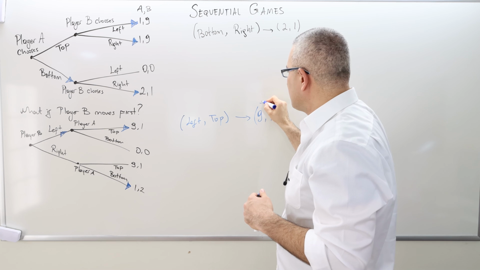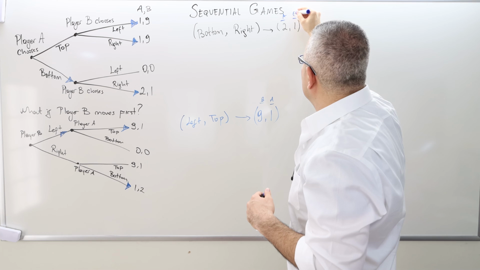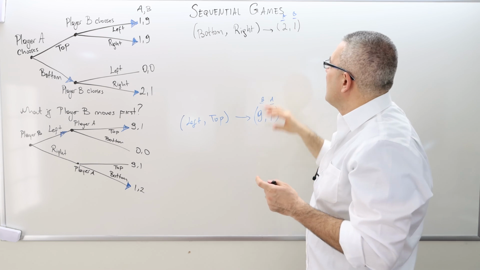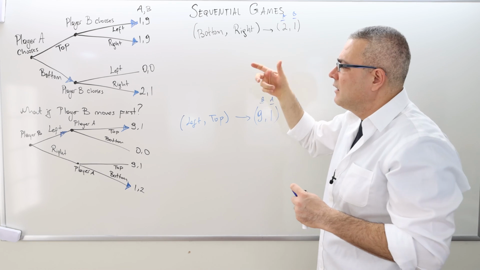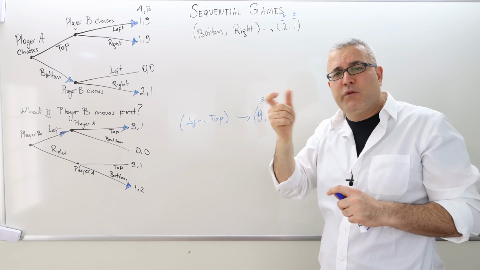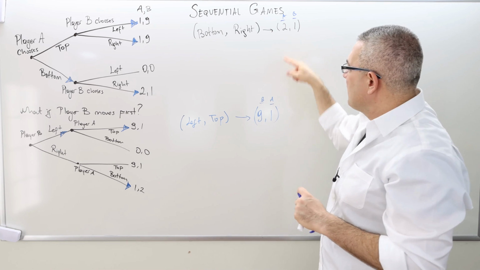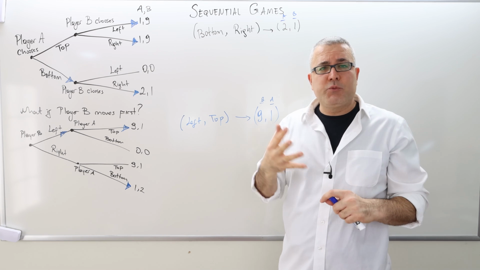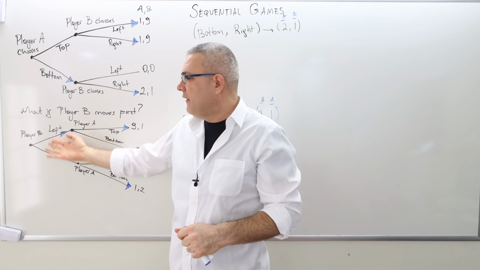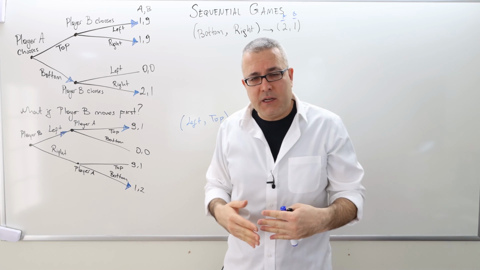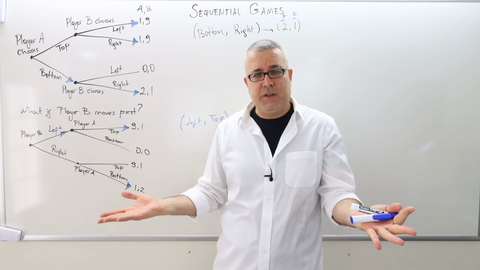This is for B, this is for A. So when we change the timing of the moves, so that instead of player A, player B moves first, the outcome changes, which makes a lot of sense. Because by choosing left or right, the first player actually has the power to change the direction of the game.